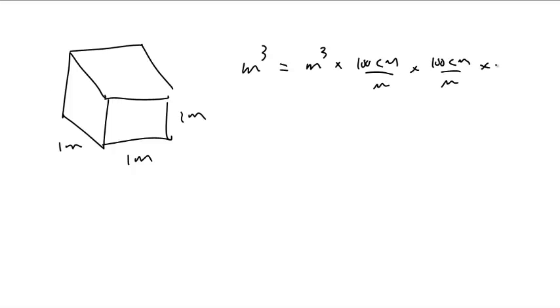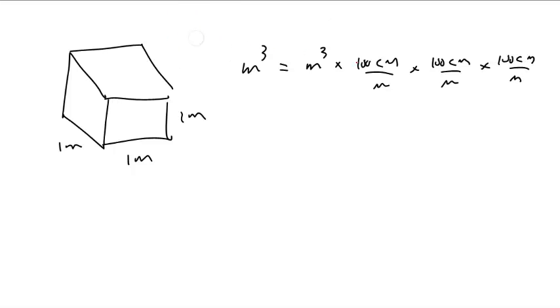Another popular one, I should be doing more with metrics in this world. If you had a cubic meter, 1 meter by 1 meter by 1 meter, that is a cubic meter. If you want to convert this to centimeters, you have to multiply by 100 centimeters in a meter, and you have to do that 3 times by the same reasoning.